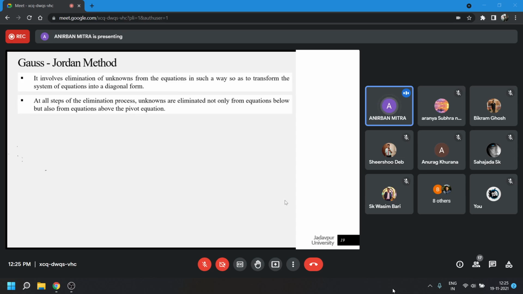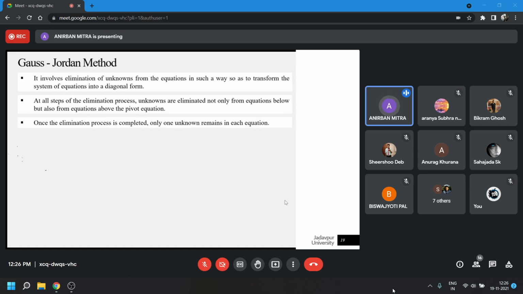In Gaussian elimination, we only modified those equations which were below the pivot equation. That is how we obtain the triangular form. But here, in Gauss-Jordan method, we will also modify the equations which are above the pivot equation. So that is the basic difference between the two methods.